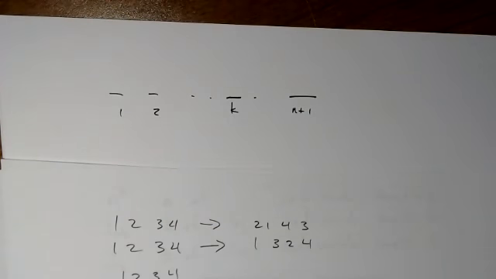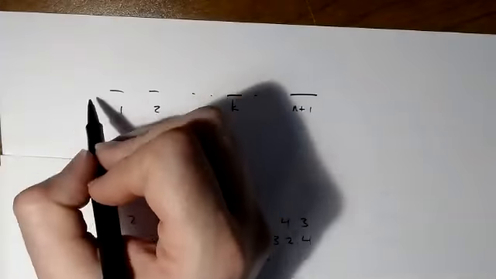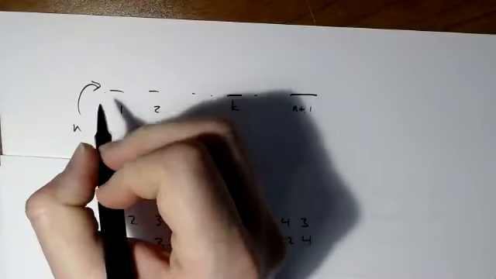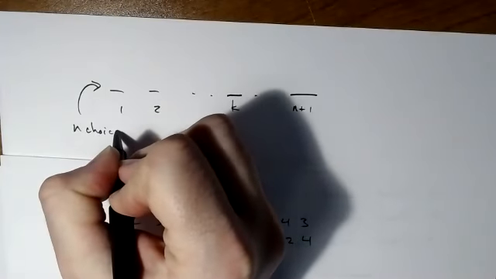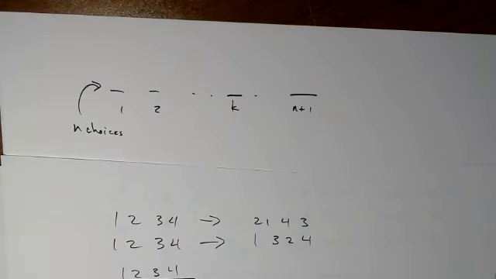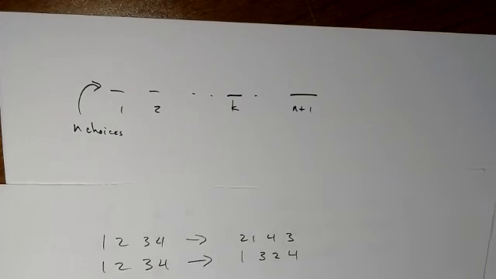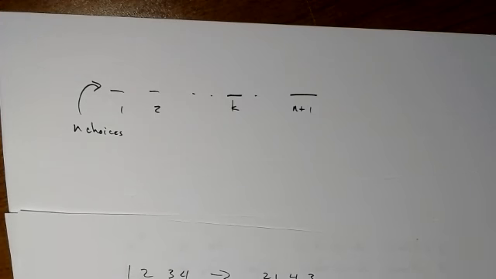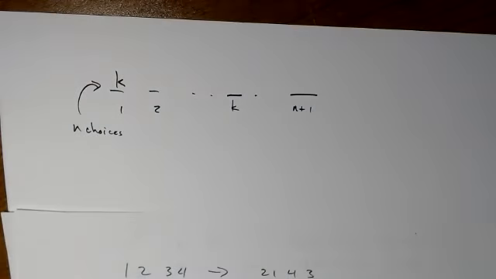So 1 can't go in its own slot, which means I have n choices of what to put here. And so if I say that I'm going to put k here, so k is one of the numbers between 2 and n plus 1.